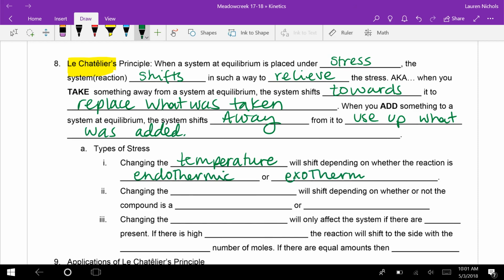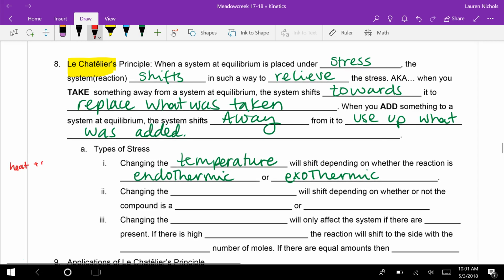And this is because that means heat will be on one side of the equation or another. So for example, if I have heat plus A produces B, right, that would be an endothermic reaction. And if I add something to it, if I increase the temperature, I add heat, it would shift it towards the right. But if I took it away, it would shift it towards the left.